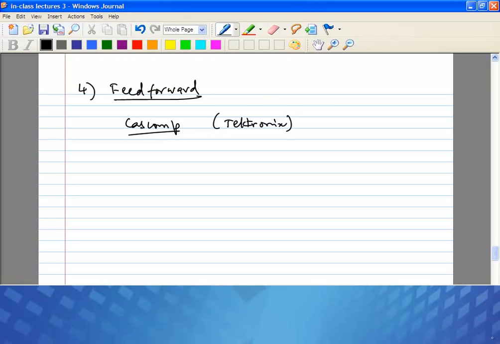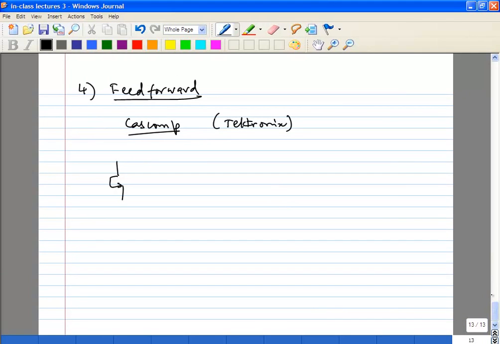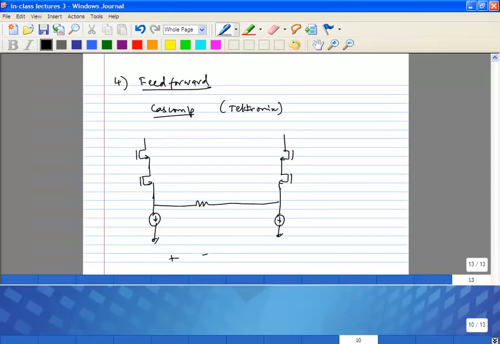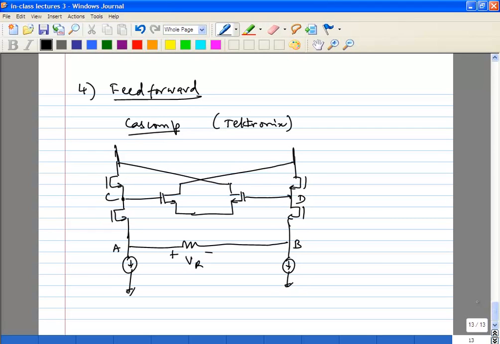So it looks like this, looks something like this.